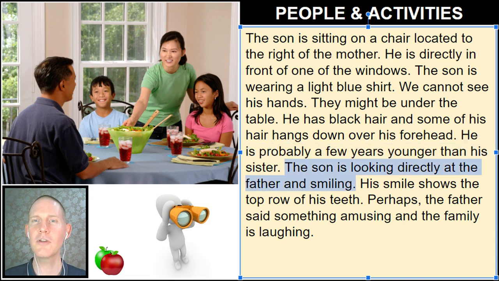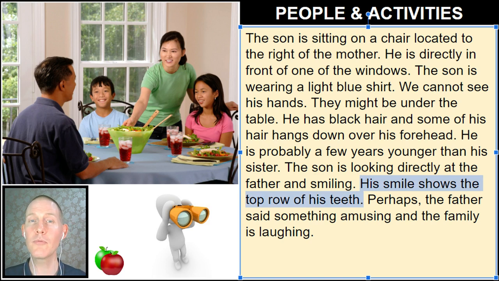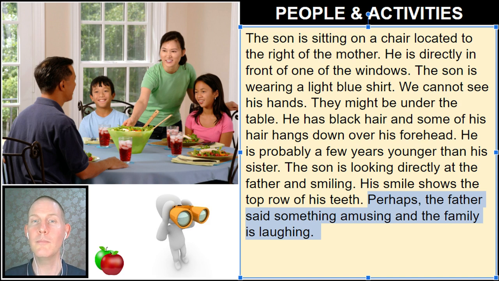The son is looking directly at the father and smiling. His smile shows the top row of his teeth. Perhaps the father said something amusing and the family is laughing.